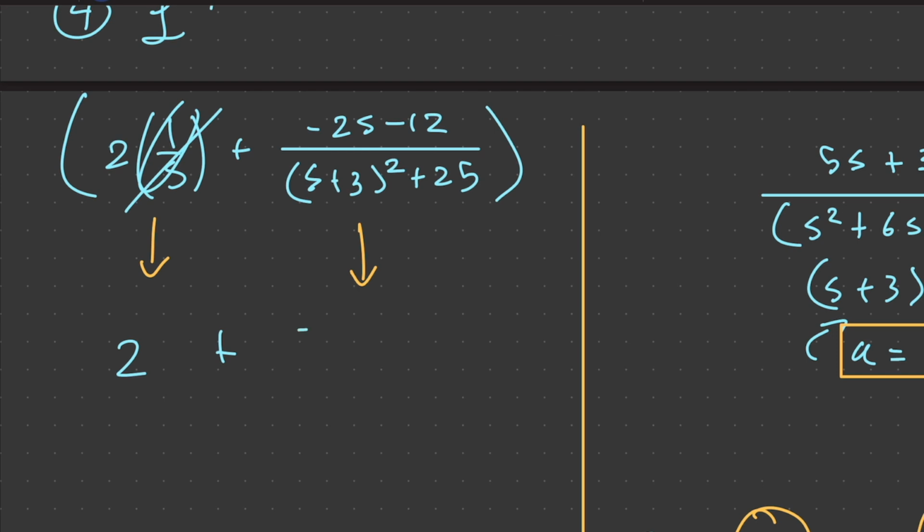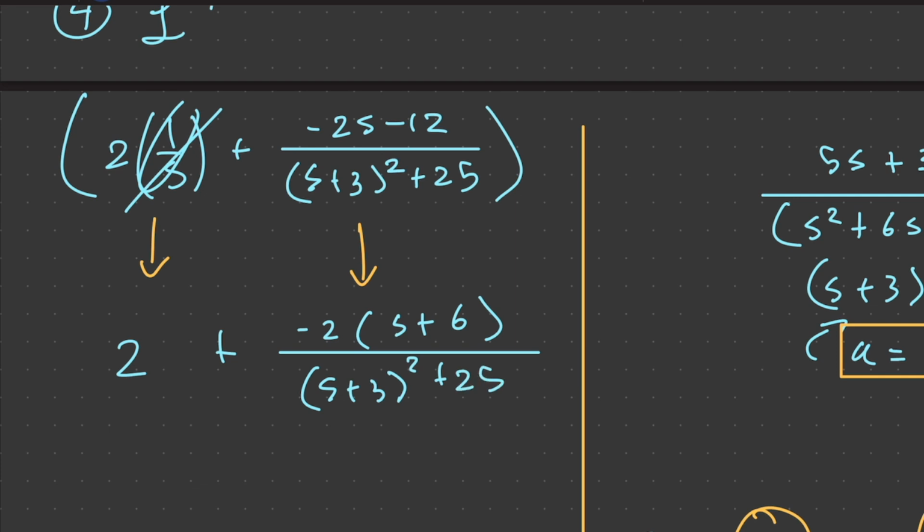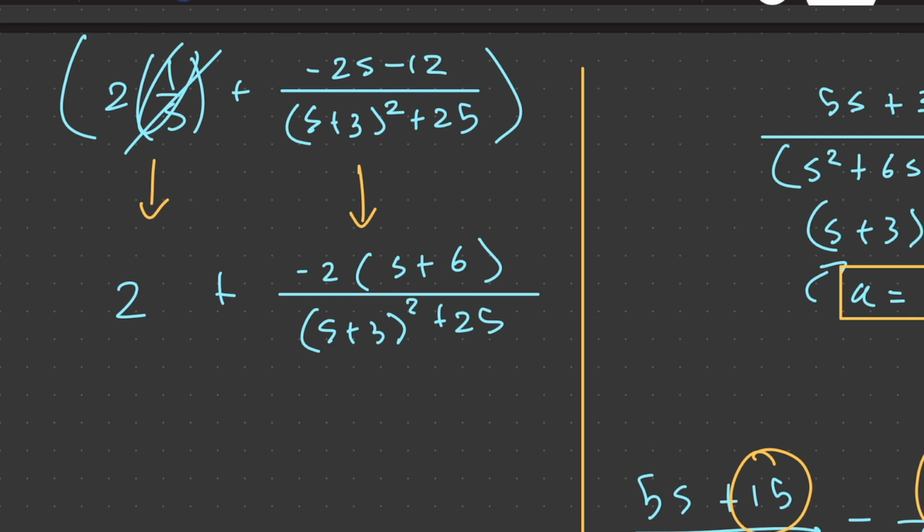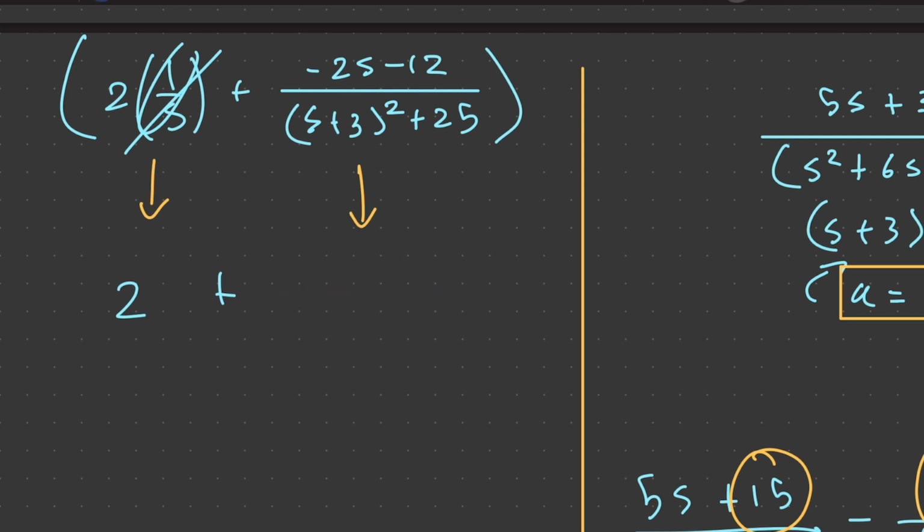I want to factor this out on the top. I get s plus 6 over s plus 3 squared plus 25. Okay, I think we're going to get the same problem again. So we're going to have to split this as s plus 3, and then this would be a negative 2 in front.